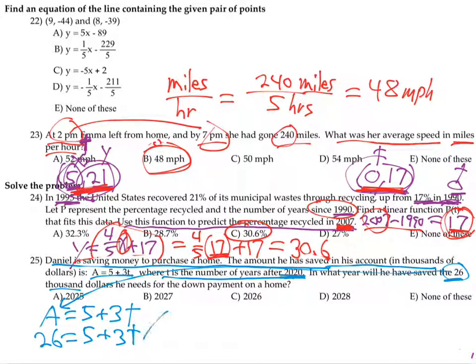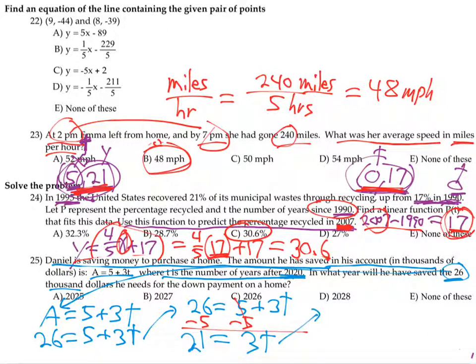And then we'll bring it up here. 26, whoops, I'm getting scribbly, equals 5 plus 3t. We're supposed to solve that equation for t. So subtract 5 from both of those. We're supposed to find what time he will have that, 3t.